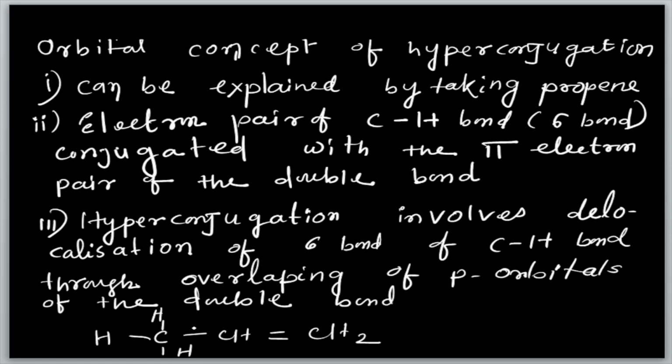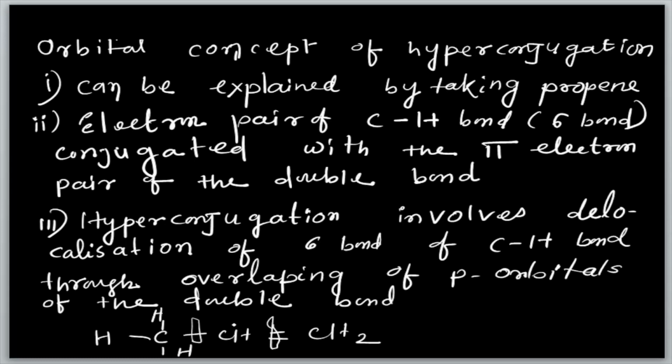This is the part where both interact. Hyperconjugation involves delocalization of the sigma bond. In hyperconjugation, the sigma bond electrons delocalize through an overlapping process to the double bond. What is the overlapping here?